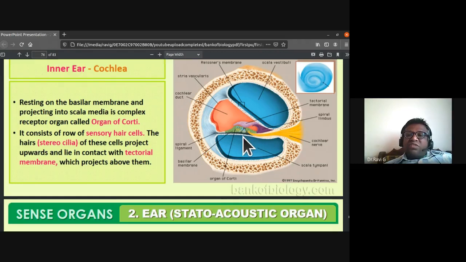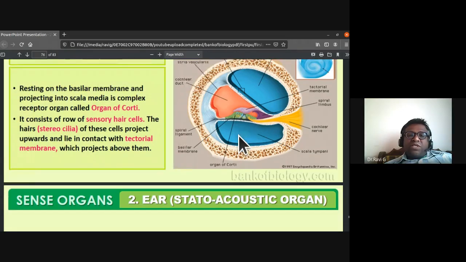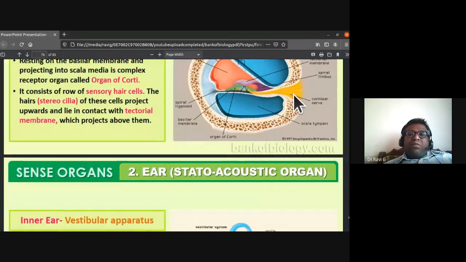It consists of rows of sensory hair cells. The hairs of these cells project upwards and lie in contact with the tectorial membrane, which projects above them.